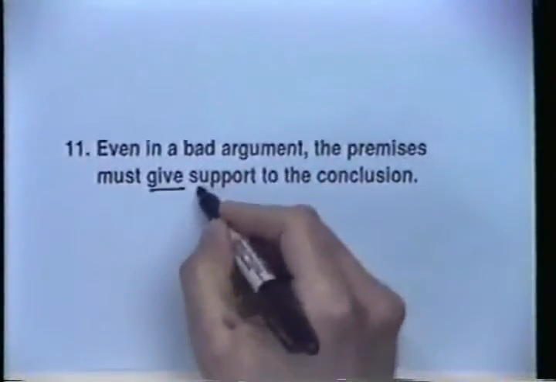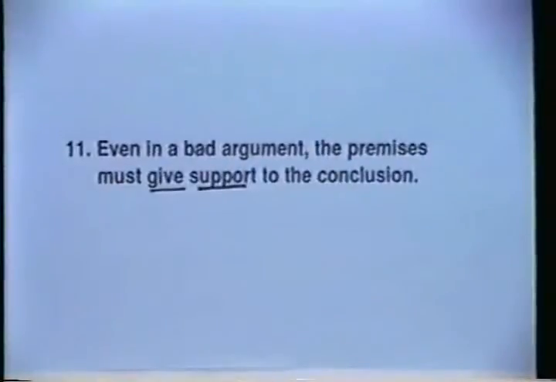Number 11, even in a bad argument, the premises must give support to the conclusion. Well, what's important here is the idea of actually giving support. Notice that the concept of an argument is meant to include both good arguments and bad arguments. Ask yourself, what makes an argument bad?